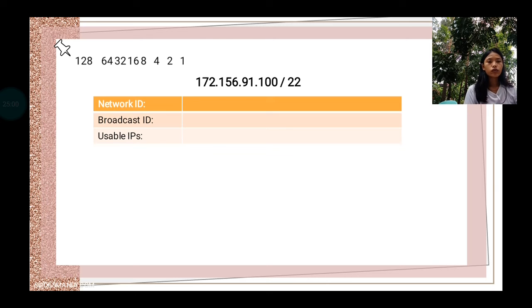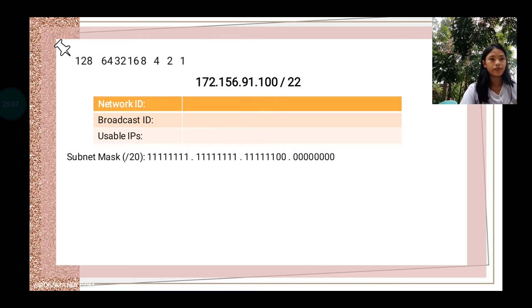Now, to determine our network ID, broadcast ID, and usable IPs, we will convert our subnet mask to binary notation. So there we have it, 255.255.252.0 if we convert it to dotted decimal notation.